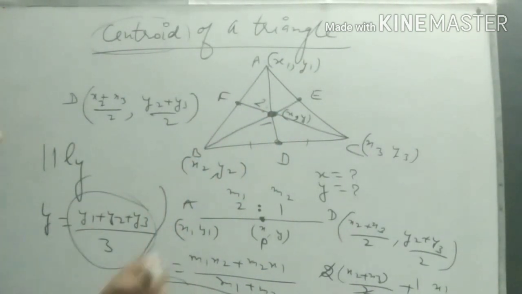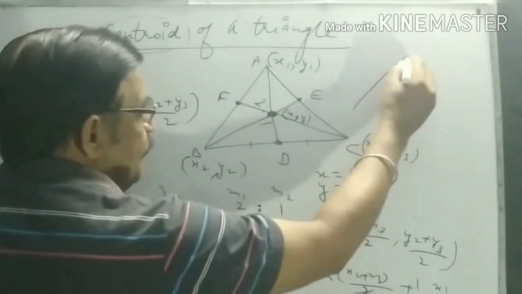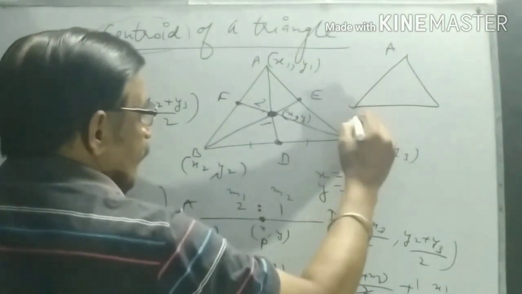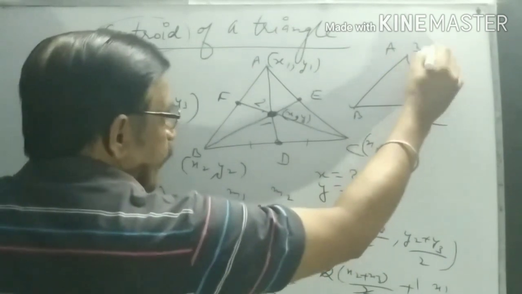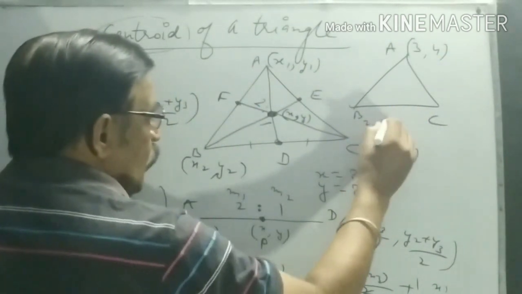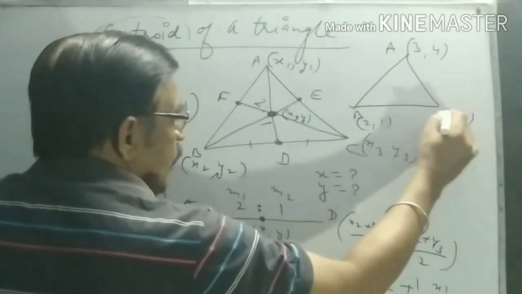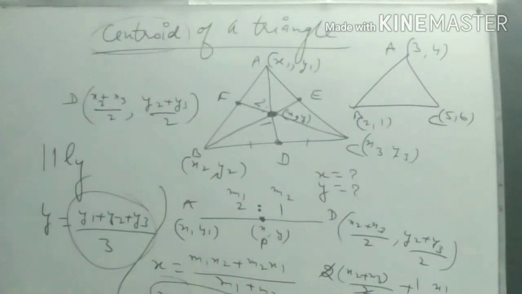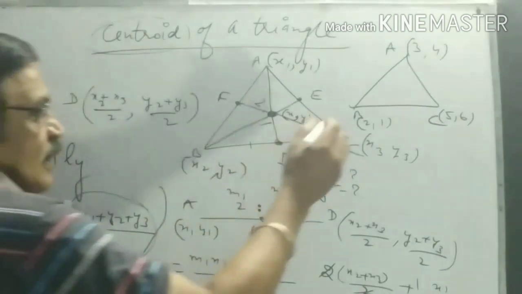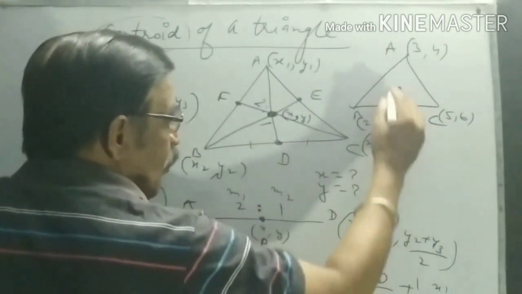For example, you are given a triangle ABC and certain vertices are given like this: 3, 4, 2, 1, 5, 6. You may get plus minus. These points can lie in any of the four quadrants. So centroid, how will you find?